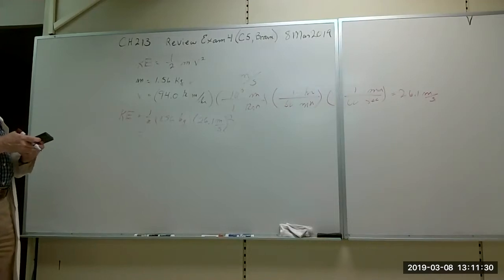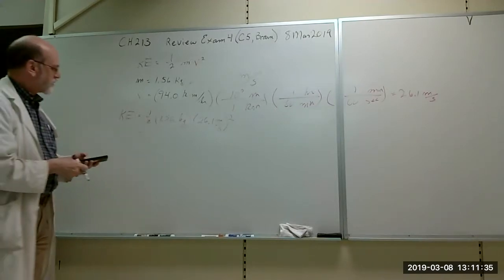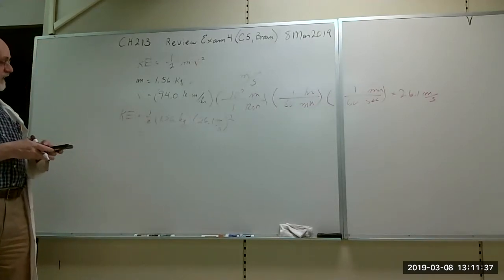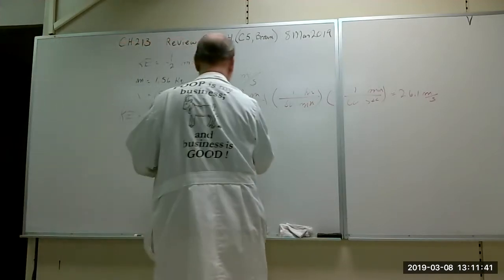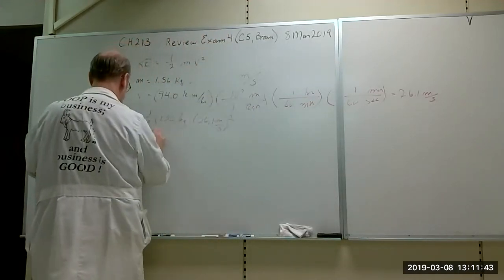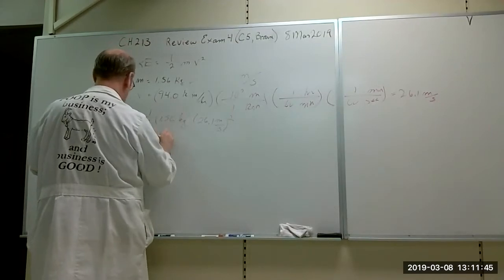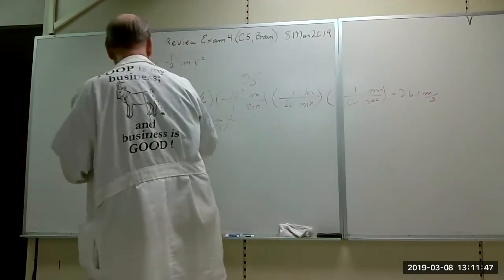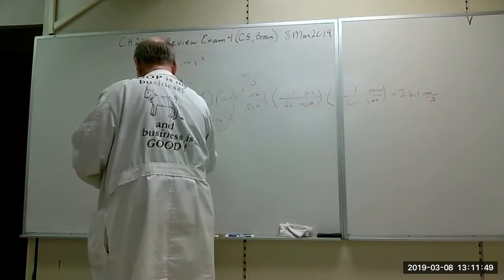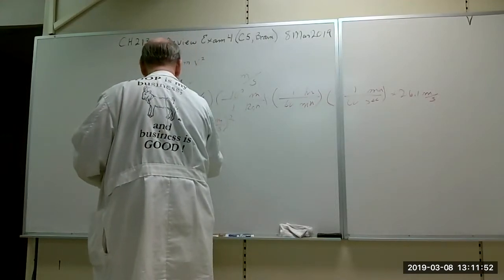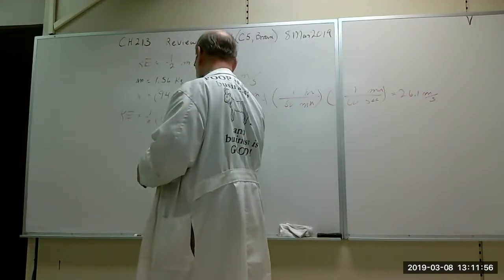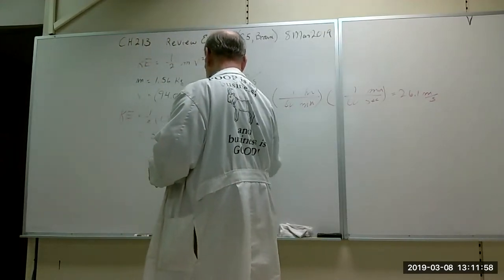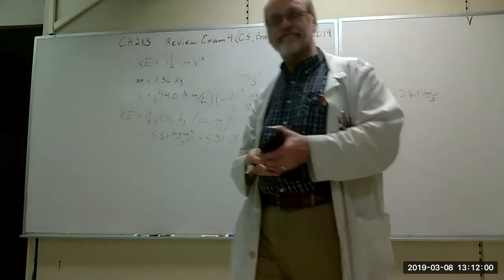Let's see, I'm using a different calculator. There it is. And then 1.56 times that and divide by 2. So I get 531. If we take just these units, we're going to have kilogram meters squared per second squared, which is joules. Okay?